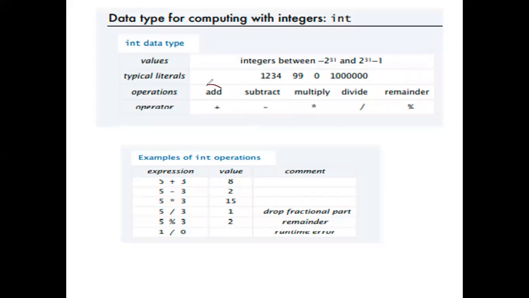As I told you in the starting slide, the operations it performs are add, subtract, multiply, divide, and remainder. Which operator for add? Plus. For subtract, minus. For multiply, the multiply sign. For divide, the divide sign. And percent is the modulus sign, for finding the remainder.